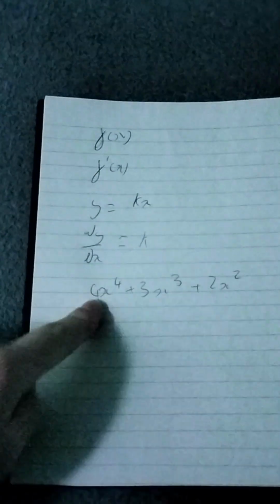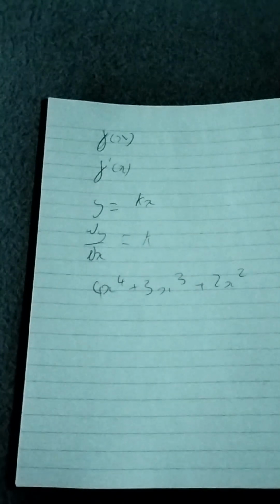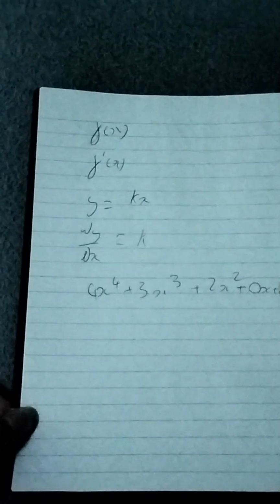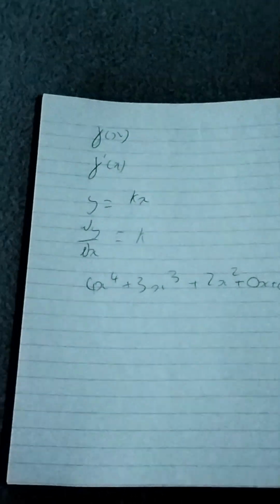However, polynomials are things where you have a coefficient of x raised to a power plus a coefficient of x raised to a different power. Now this coefficient could be 1 or it could be 0. So in this case you could have plus 0x plus 0, but you don't need to write those because they're 0.